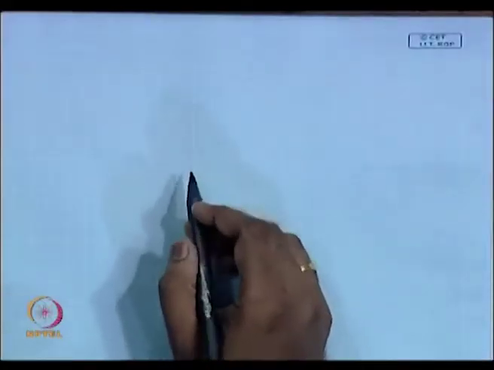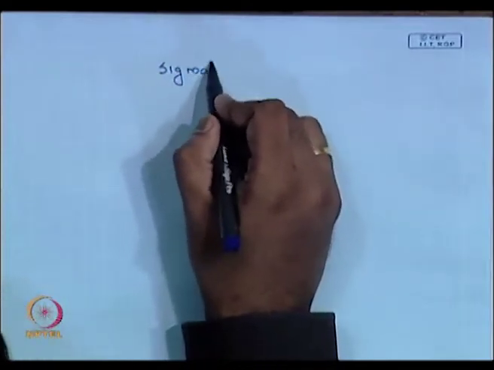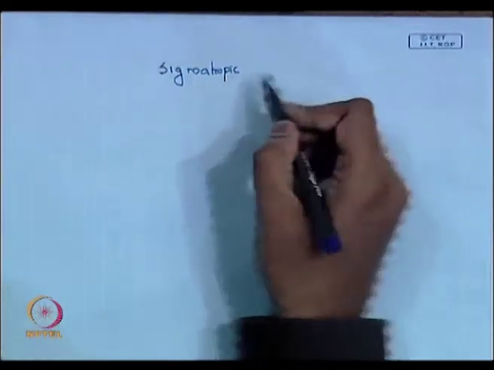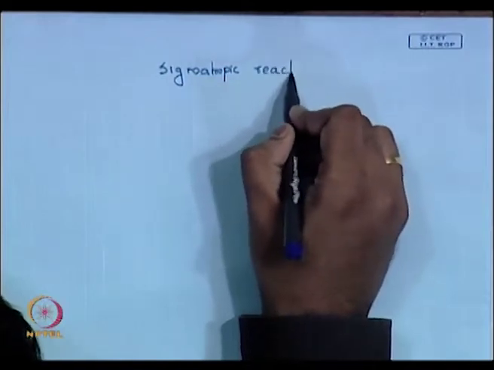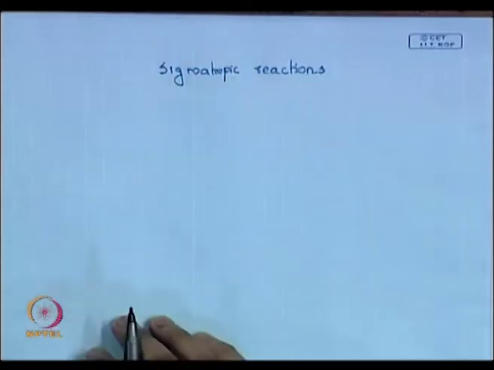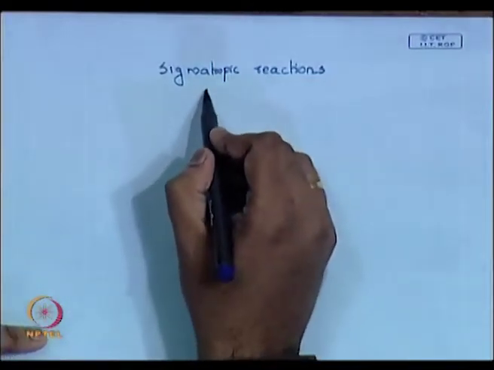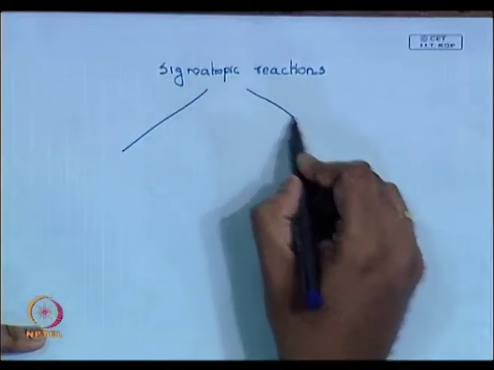So, to start with, we will start our sigmatropic reactions. Sigmatropic reactions are broadly classified into two groups.